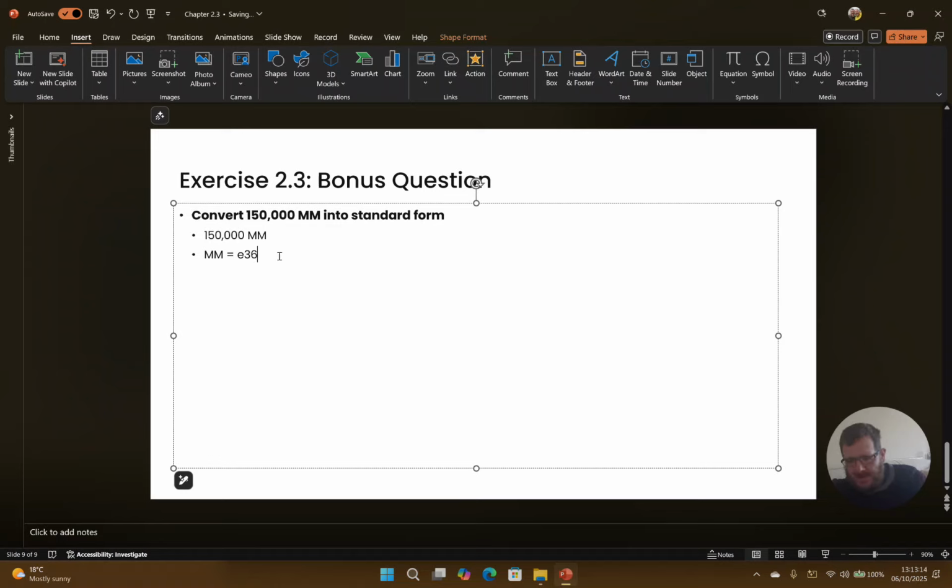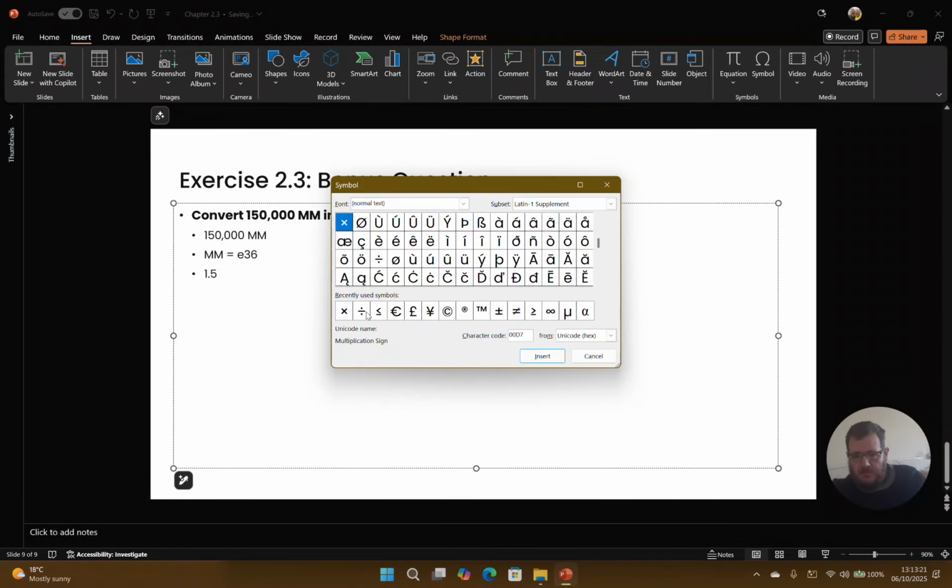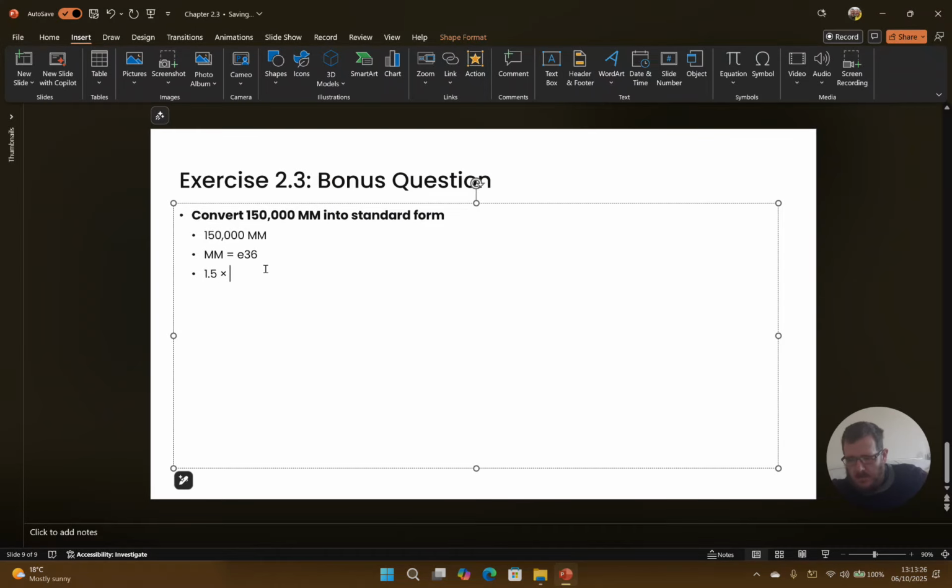So then we've got that. We'll write the number between 1 and 10. And then add the other 4 there. So it's 1, 2, 3, 4, 5. So there's 1, 2, 3, 4, and then 5.